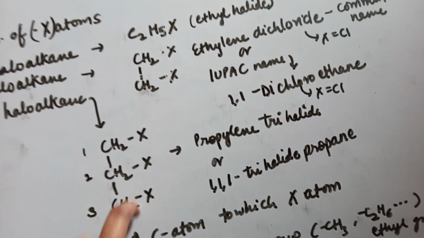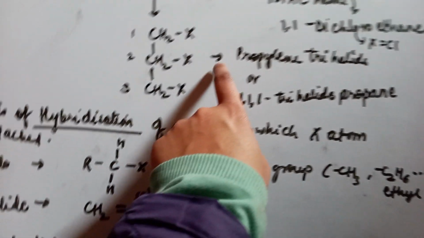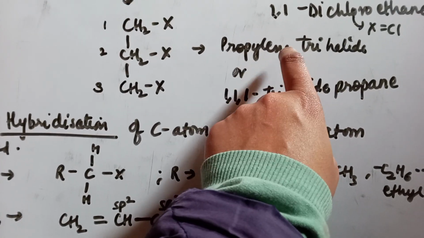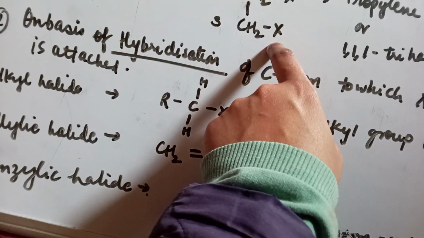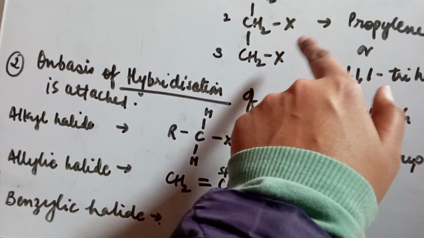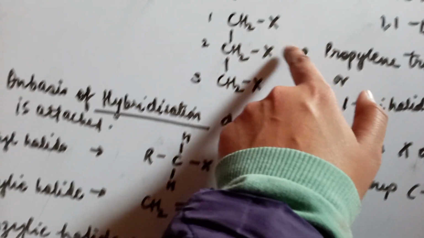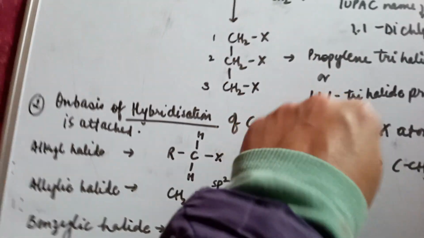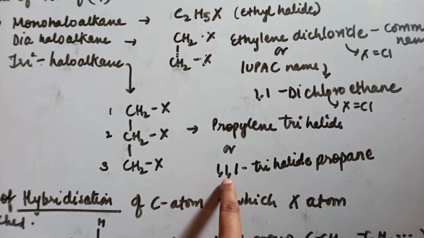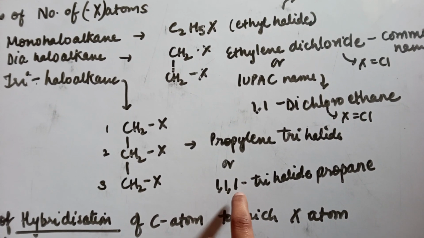The basic fundamental alkane is propane here, so we will call it propylene trihalide. Propylene comes from the replacement of three hydrogen atoms from propane. Trihalide represents these three halogen atoms which are connected. This is the common name, and the IUPAC name of this compound will be 1,1,1-trihalide propane.